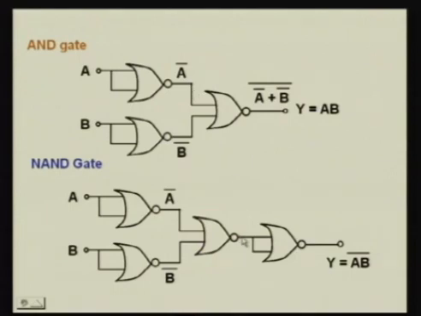Here we get the output Y is equal to AB, and if we apply this output to the last NOR gate used as an inverter, we will be getting Y is equal to AB bar, which is the output of a NAND gate. So we could see how we can use various NOR gates to realize different other gates.